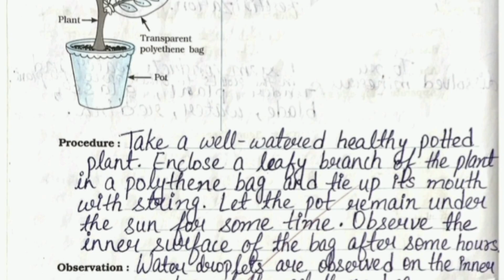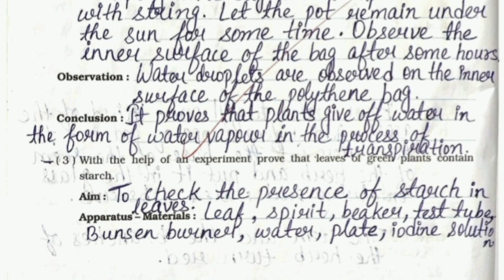Let the pot remain under the sun for some time. Observe the inner surface of the bag after some hours. Observation, water droplets are observed on the inner surface of the polythene bag. Conclusion, it proves that plants give off water in the form of water vapor in the process of transpiration.